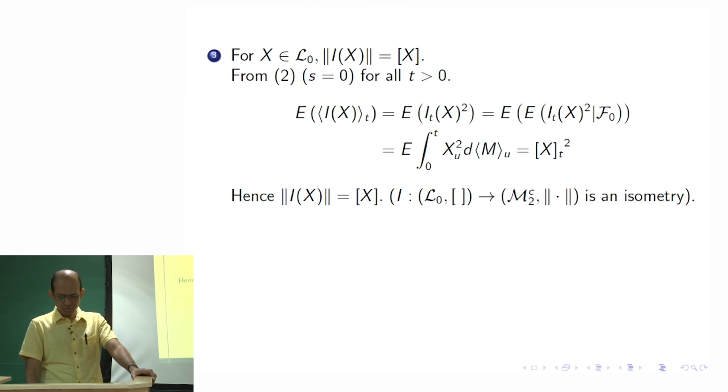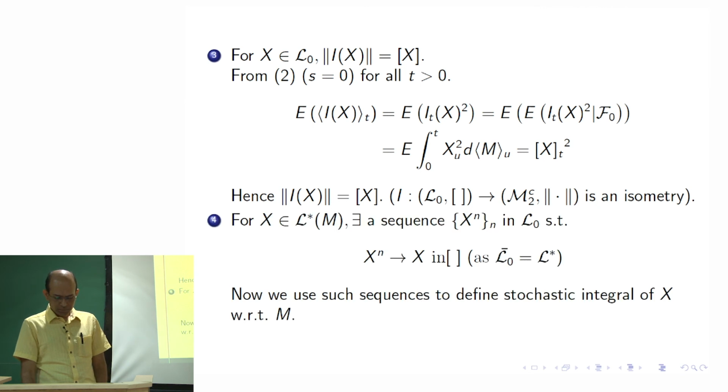However, this is grossly stated as Ito's isometry. So now here we choose xn from the space of simple processes which converges to a given x in the box norm.